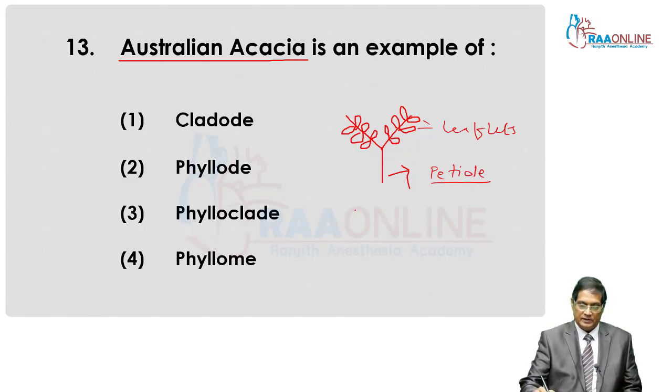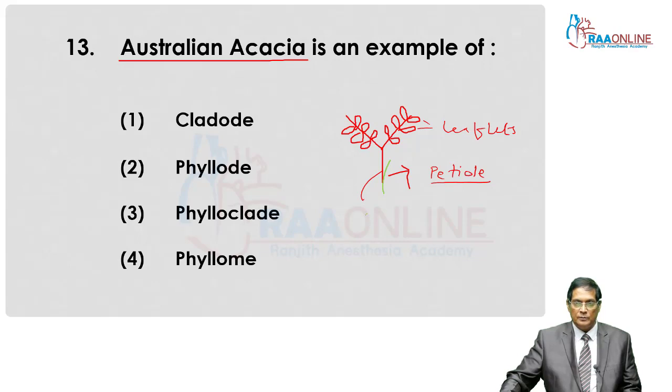And this structure, that is the petiole, the leaf petiole, becomes leaf-like green. The petiole of a leaf becomes a green leaf-like structure.